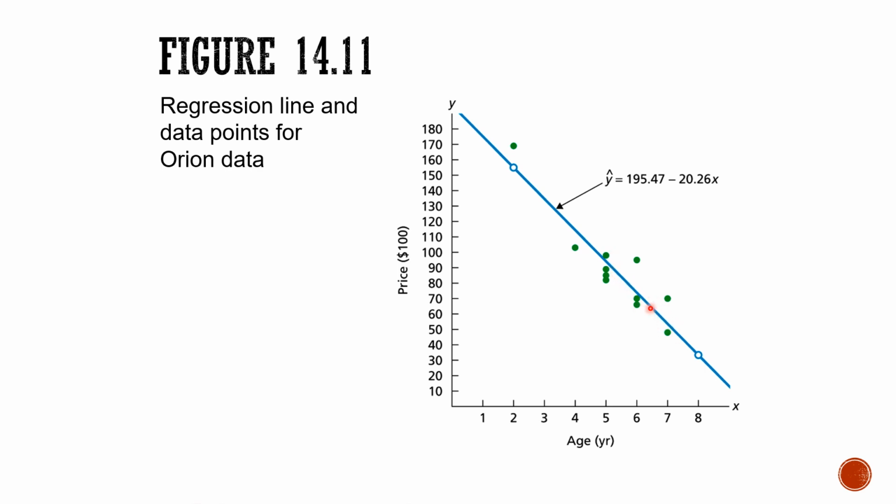And some of these points are almost touching the regression line. This line was drawn from this regression equation. It's called the regression line. This one is called the sample regression equation, and we see it against the actual scatter plot, and we find that they are pretty close. This is a pretty well fitted line.